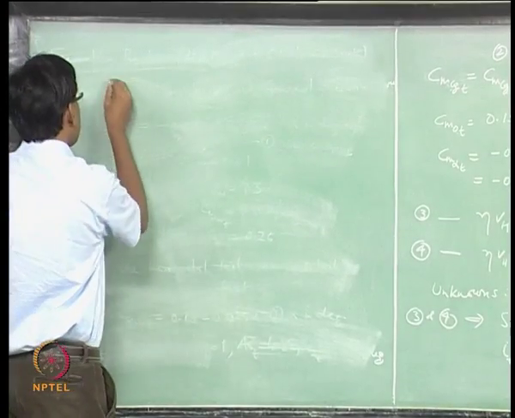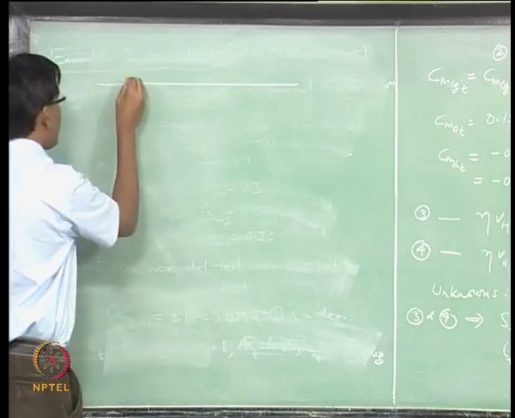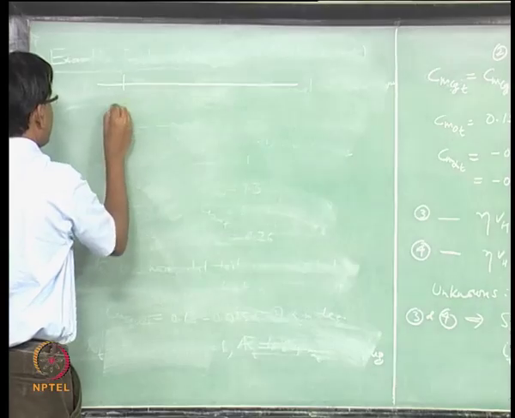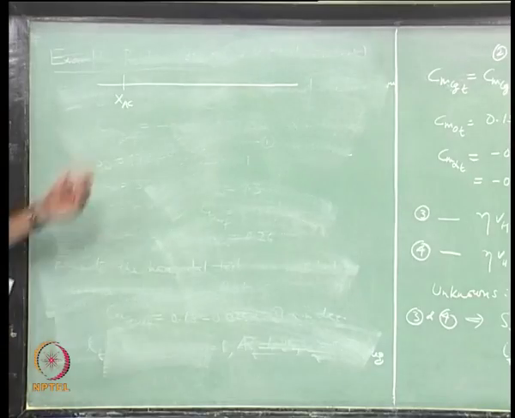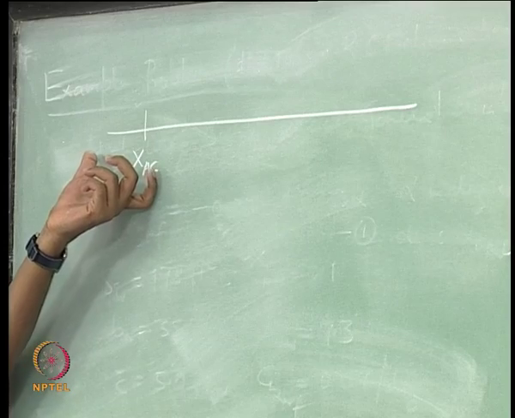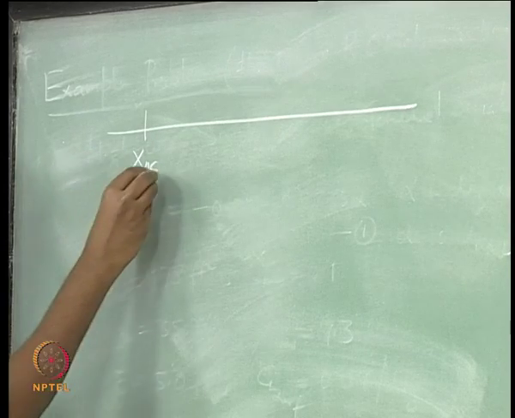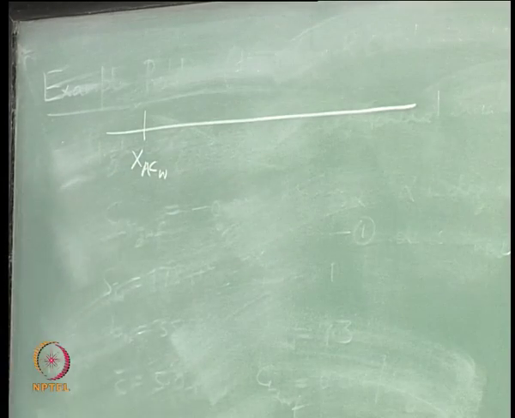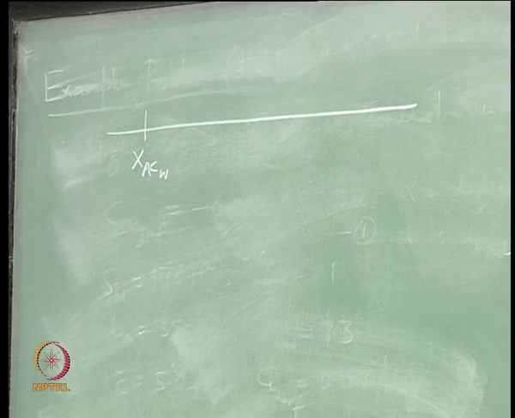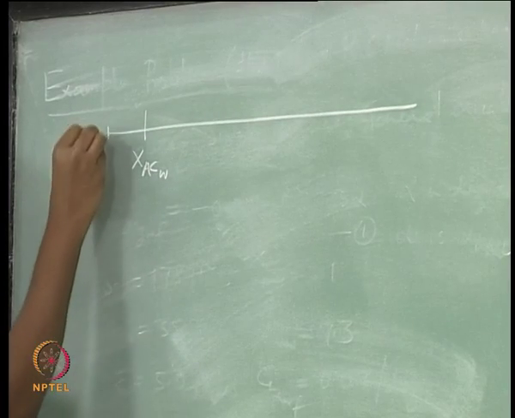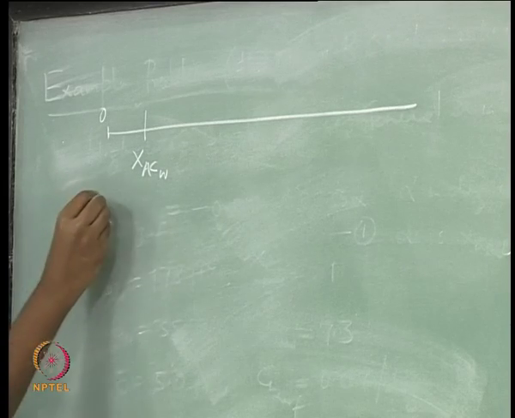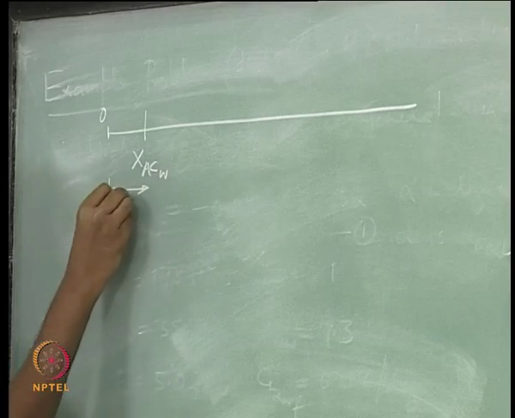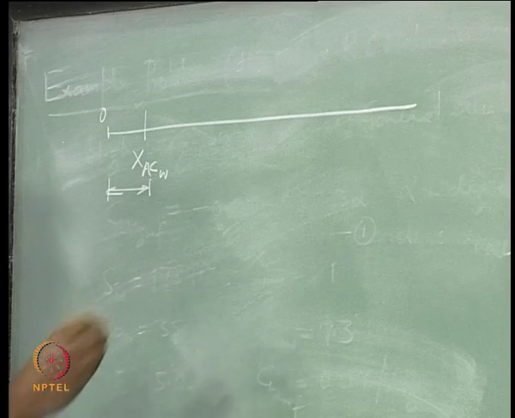So, we have found... so this location is fixed, x AC of the wing, and we are measuring all the distances from the wing leading edge. So, we will call this 0 and this is your x AC of the wing.